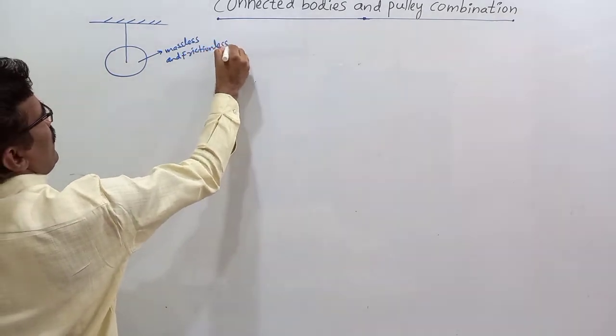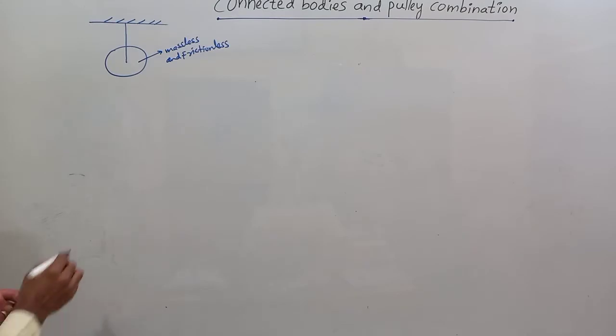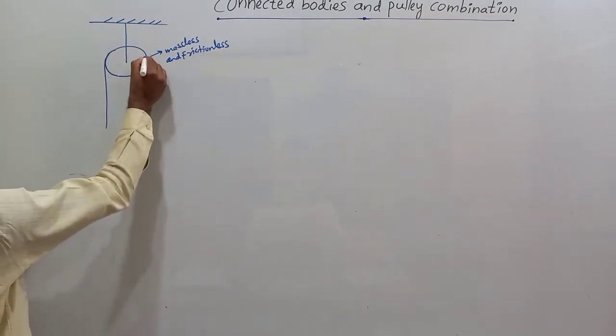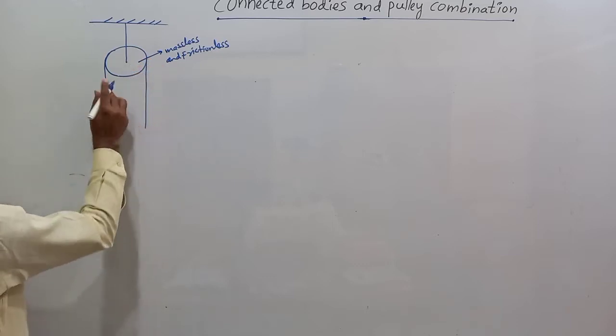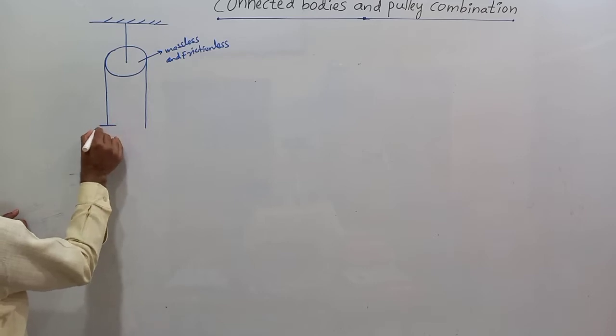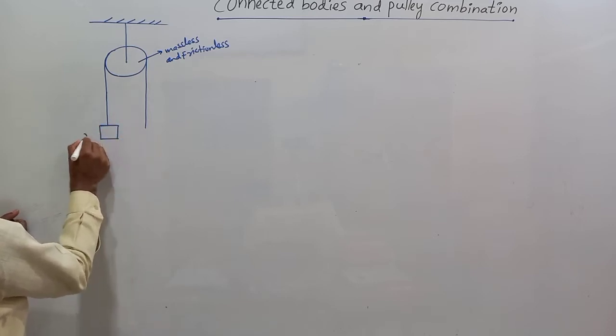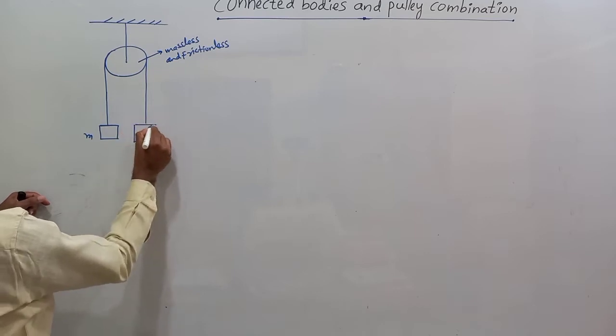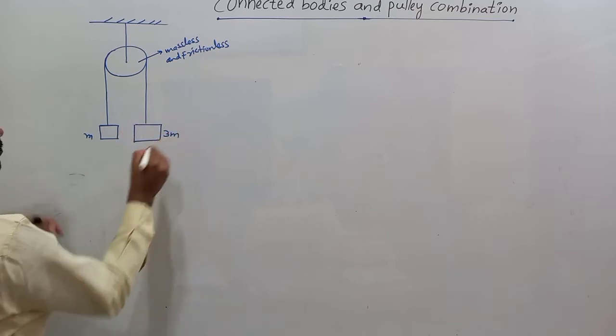It is nothing but an ideal pulley. A string is passing over the pulley. At the ends of the string, two blocks are connected. The mass of one block is M and the second one is 3M.